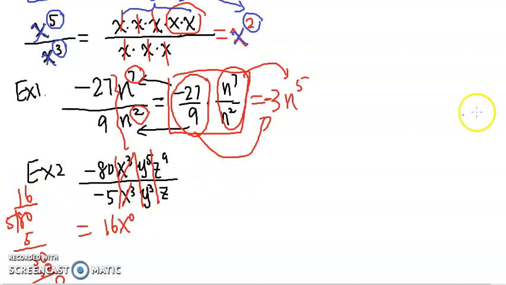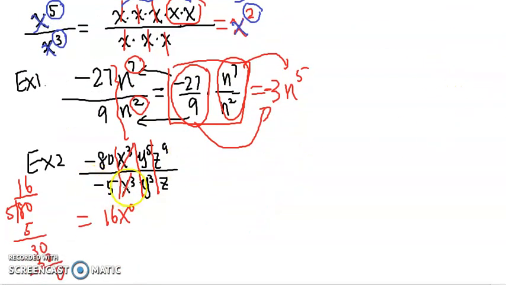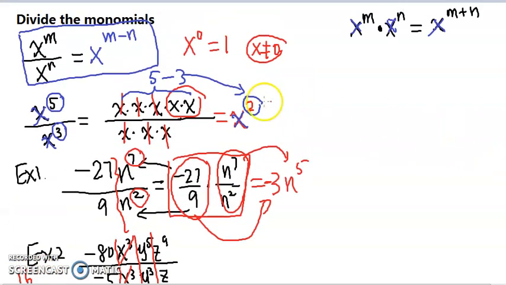The second definition we need to memorize is x raised to 0 is going to be 1. And notice usually x cannot be 0, because x is also on the bottom, and anything divided by 0 is undefined.